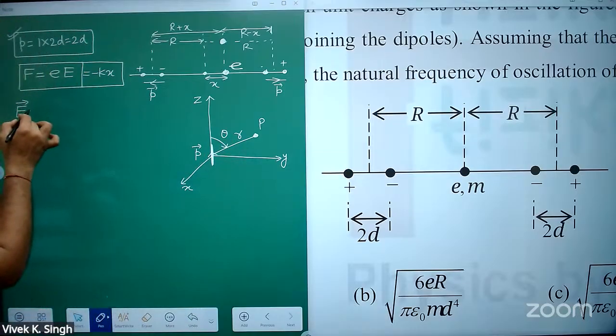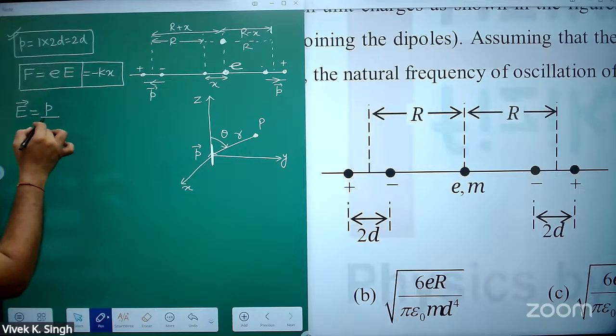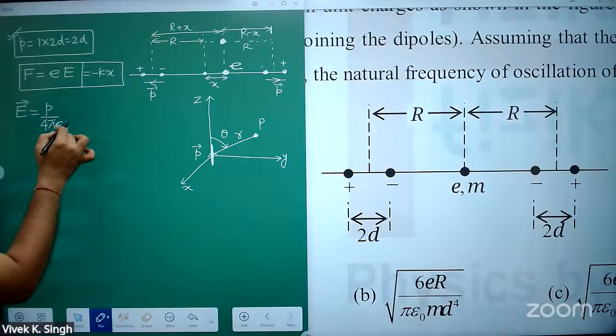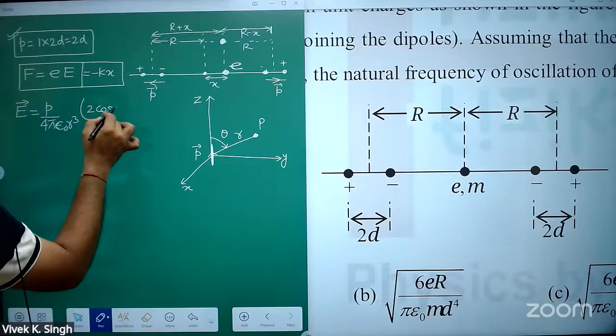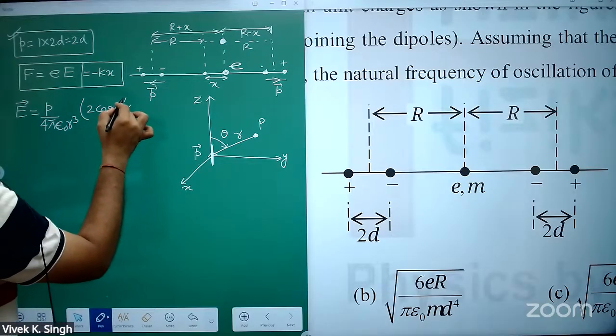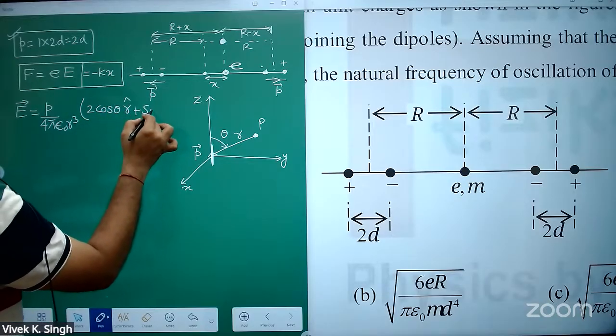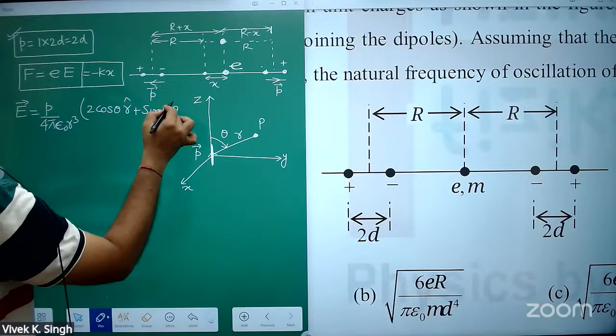The electric field is given by P by 4 pi epsilon naught r cube times 2 cos theta r cap plus sin theta theta cap.